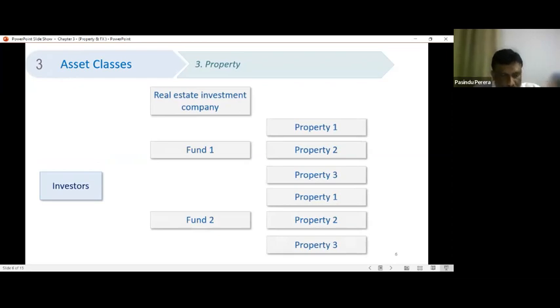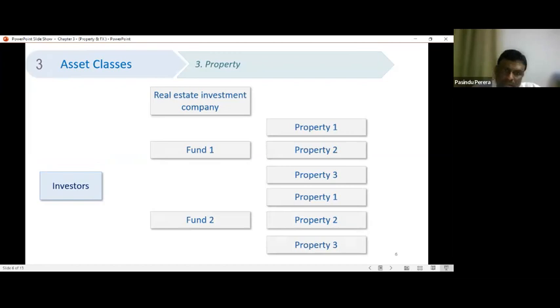You come up with a fund, say fund one, and investors pool the money for that, and then that fund takes exposure to different properties. One is property one, maybe a commercial property, and property two may be a residential property, or property three, some kind of a warehousing property.